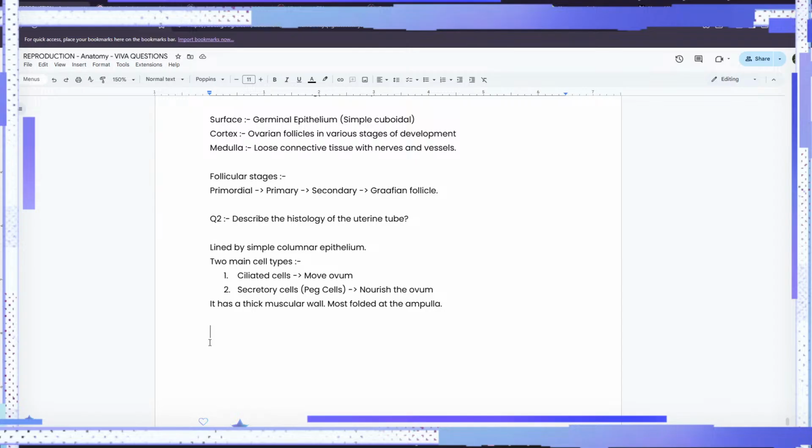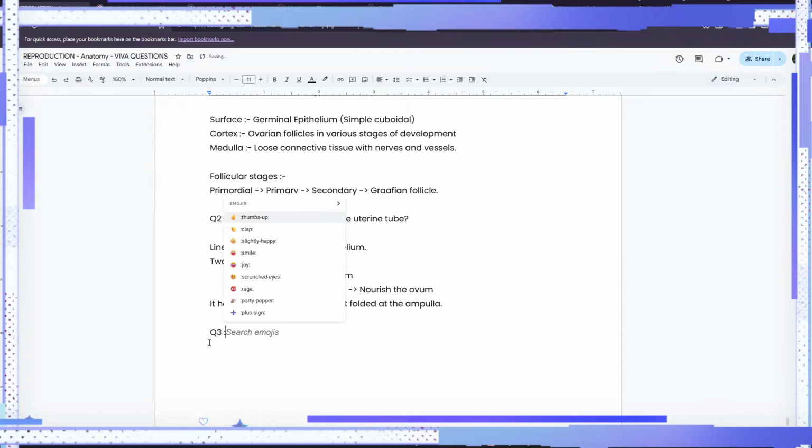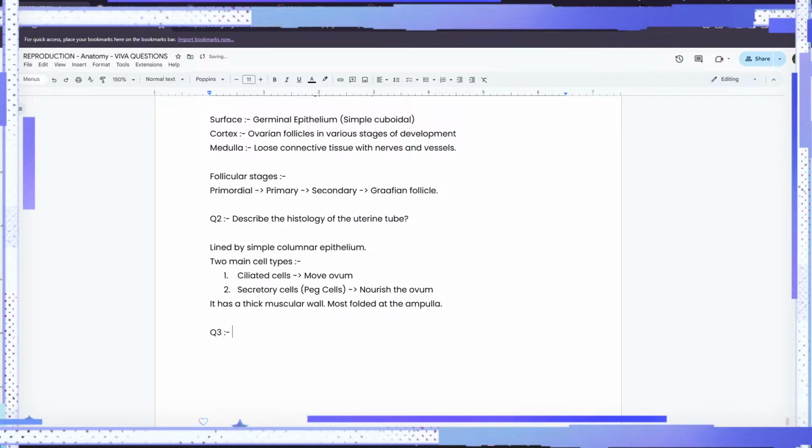Okay. Next question now, the uterus. The uterus is very interesting. It is remarkable, no doubt about it. If someone says describe the histological layers of the uterus, it's going to be a very fun answer to write because there's just so much to talk about.